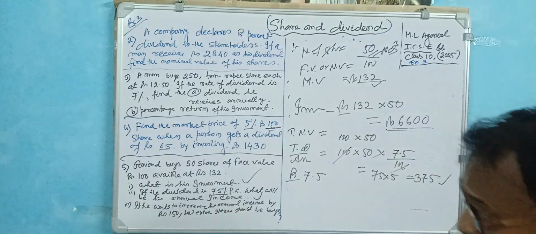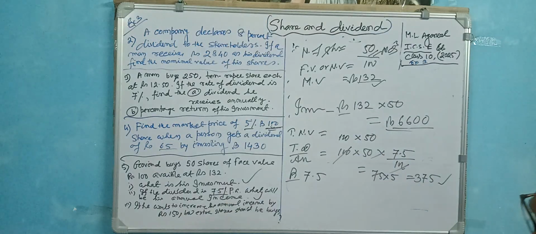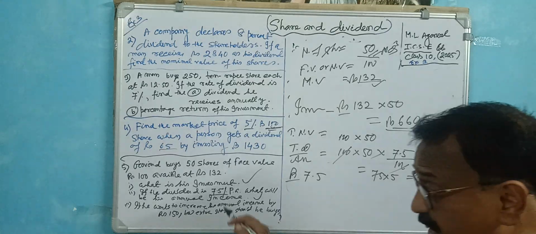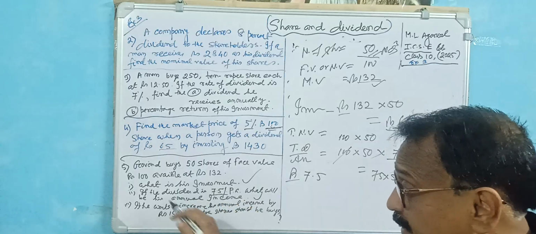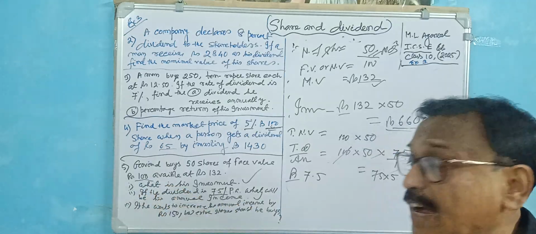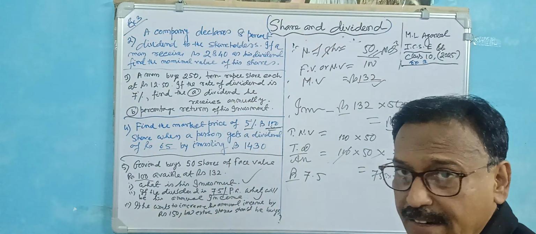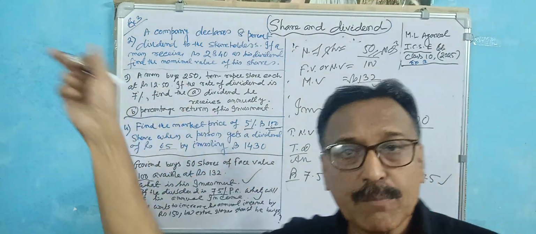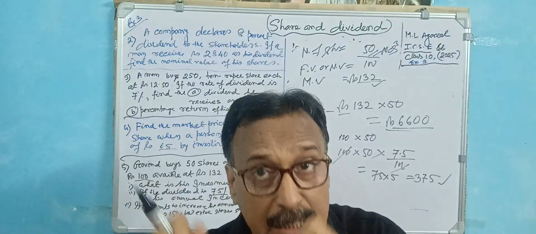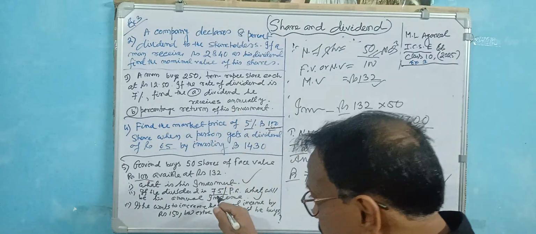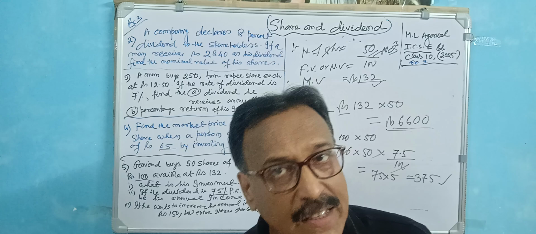Percent is dividend. Because one thing is very important, 7.5%, and here the nominal value is 100. So it is very easy to calculate. If you invest rupees 100, that is the nominal value, you buy one share. And if you buy one share, you get 7.5 as a dividend.